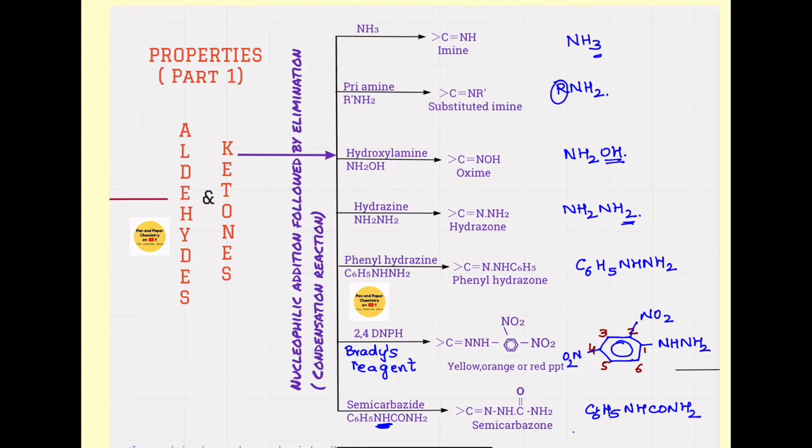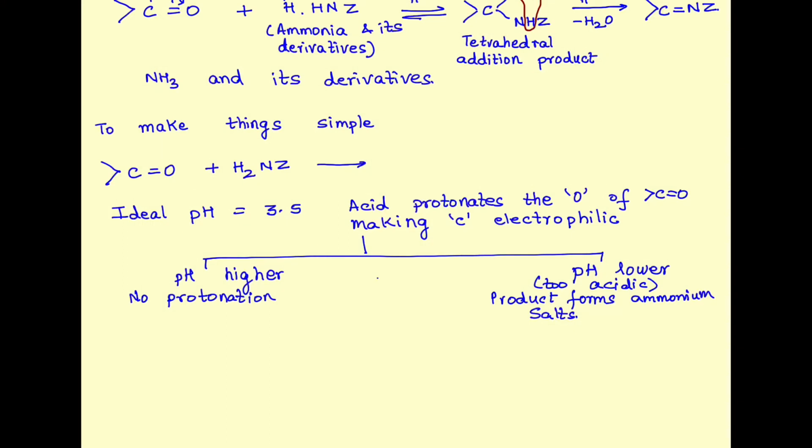Now you must be wondering, how am I going to write the reactions for all of them? It's going to be pretty tough, right? No, don't worry. Everywhere, what we are going to do is take H2 separate and the remaining molecule we are going to write as Z. Easy? So this is what I said. C double bond O is here our carbonyl compound, H2 separate and Z. That is the nitrogen derivative.